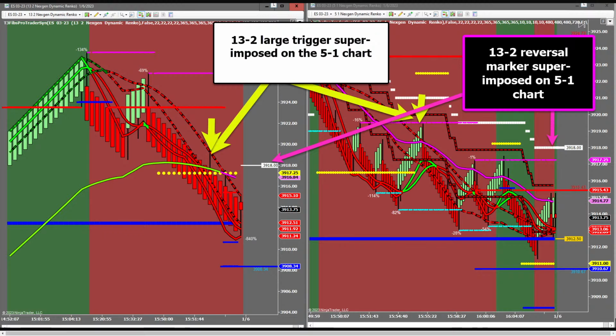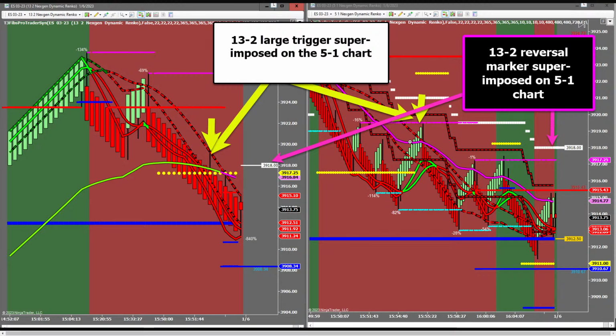New users are starting out with two charts: a 13-2 dynamic Renko chart on the left that has large and small triggers, and a 5-1 chart on the right.